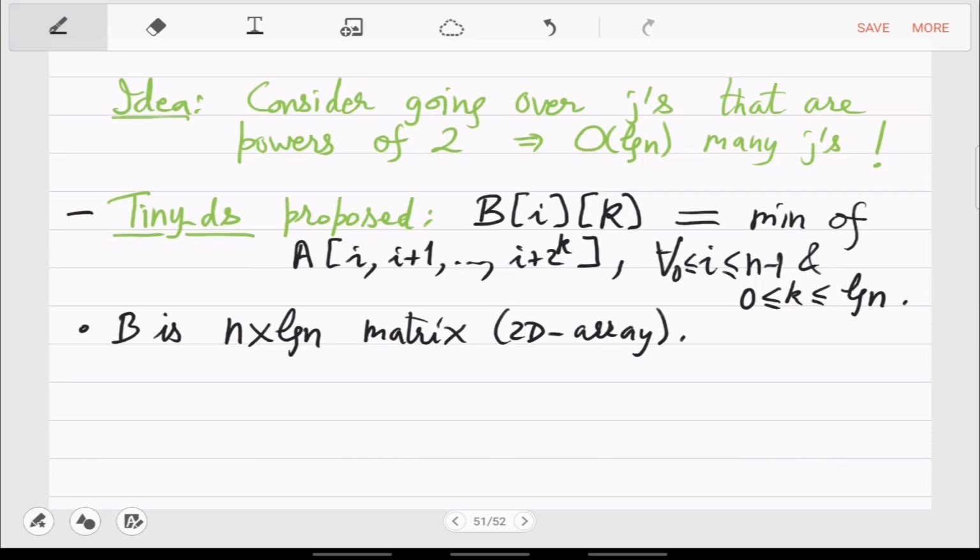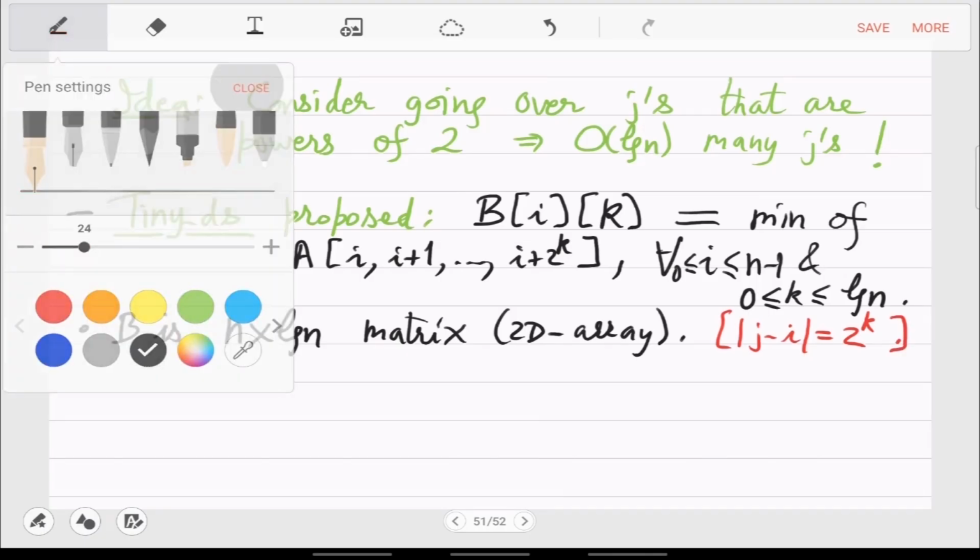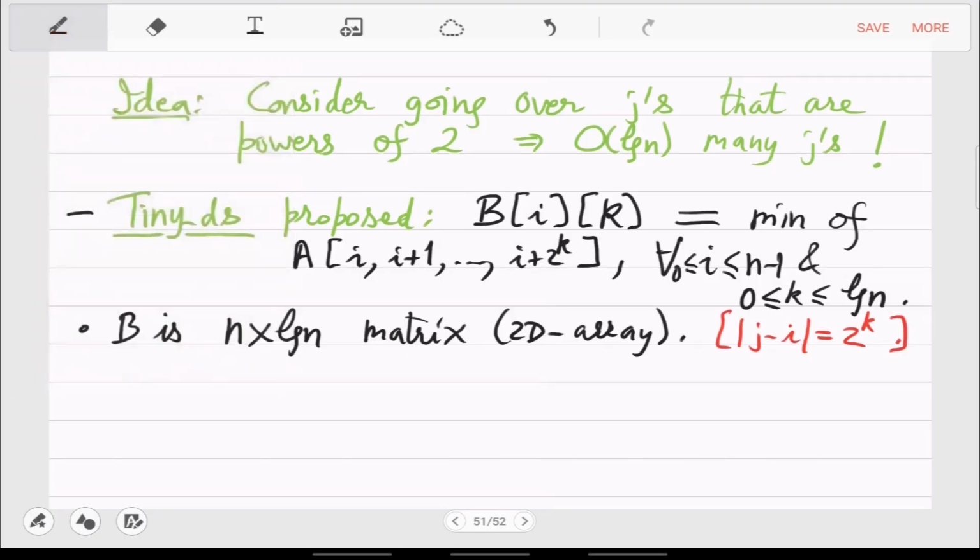We are only looking at those solutions, the solutions of j minus i equal to 2 raised to k. So you go over all these i, j, k's. That gives you the matrix B, which is in fact our data structure design.